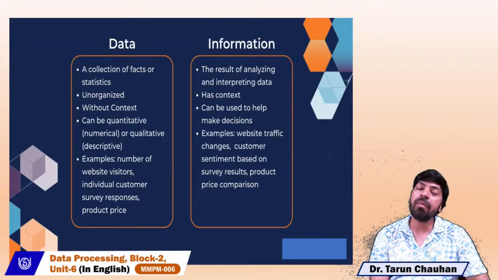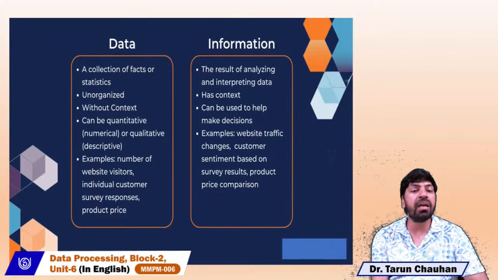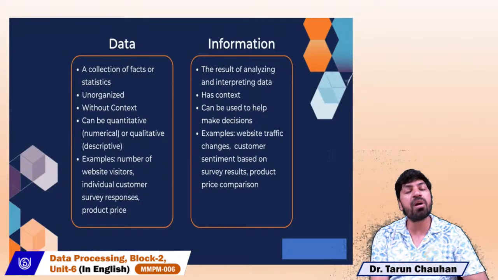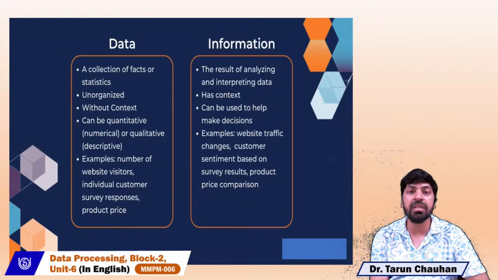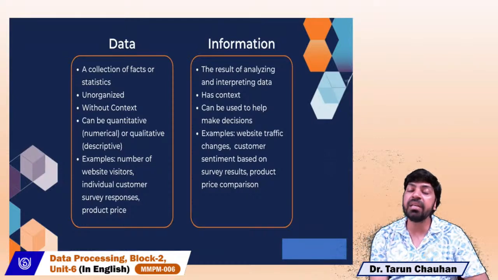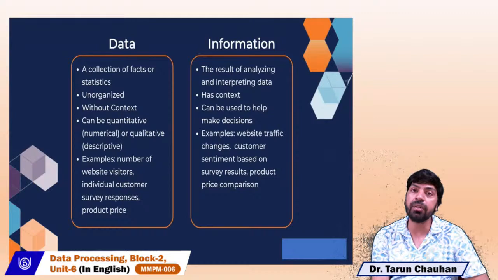Data could be qualitative or quantitative. When we talk about the quantitative, we talk about the numerical based system. But when we talk about the qualitative, we talk about description based research.